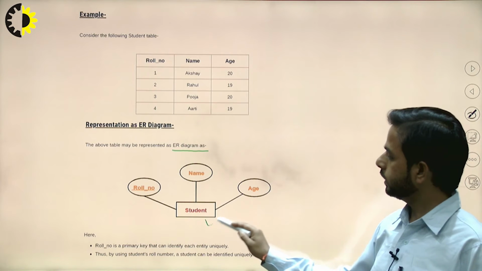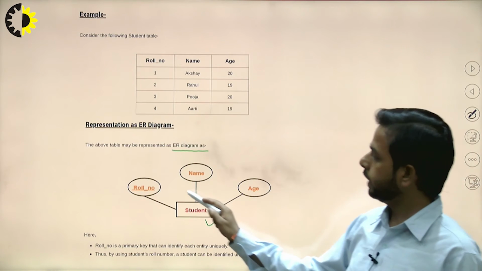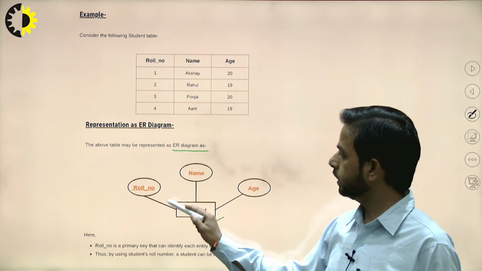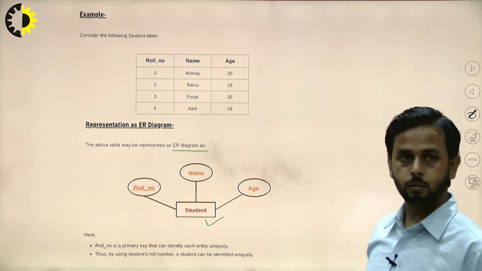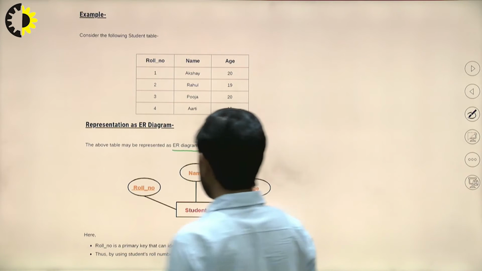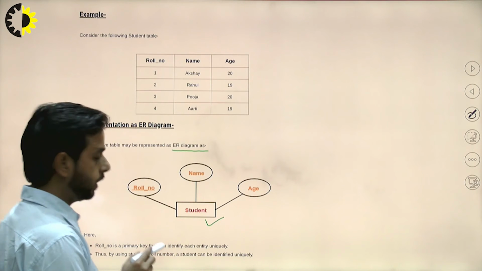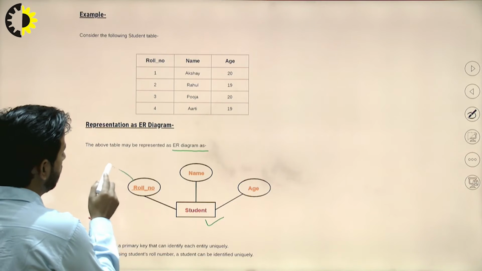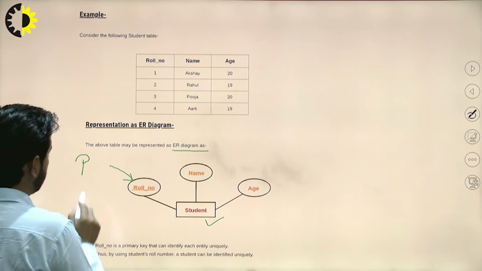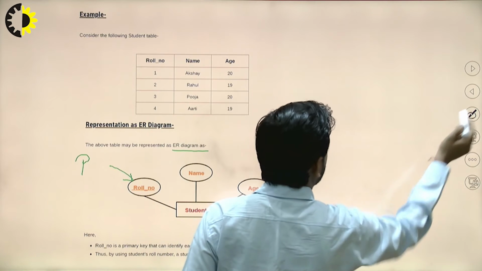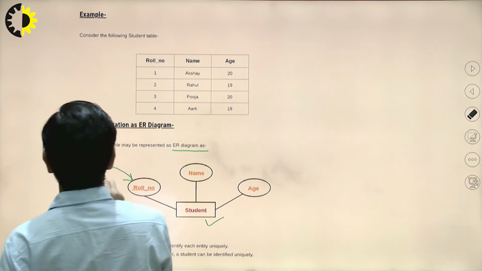There is a student entity, and the roll number is unique. Name is a simple attribute and age is a simple attribute. Roll number has an underline, so it is a key attribute.